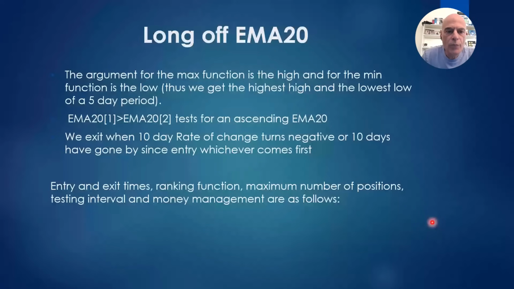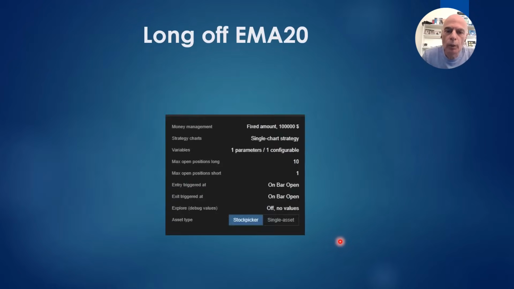Now let's get to the ranking function and the maximum number of positions, the testing interval, and money management. We basically want to buy at the open, and we want to exit as well.